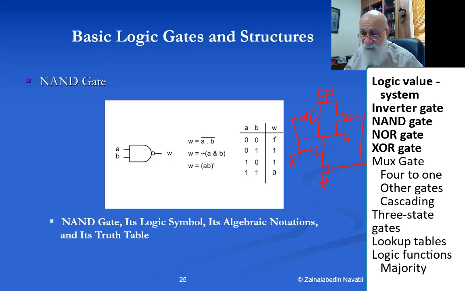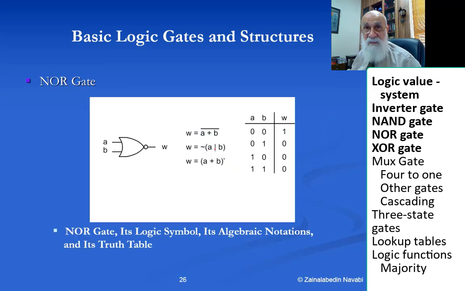And the output is 1 when you don't have a 1, 1 on the output. And this is the Verilog format. This is the way you write it, part of text, and this is the bar for writing logic expressions.